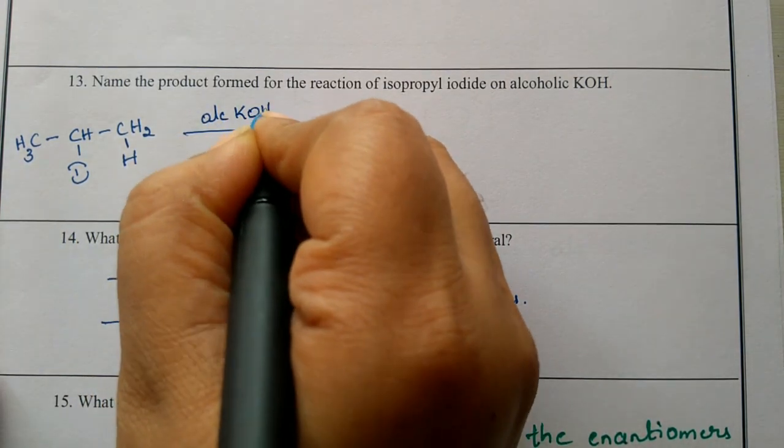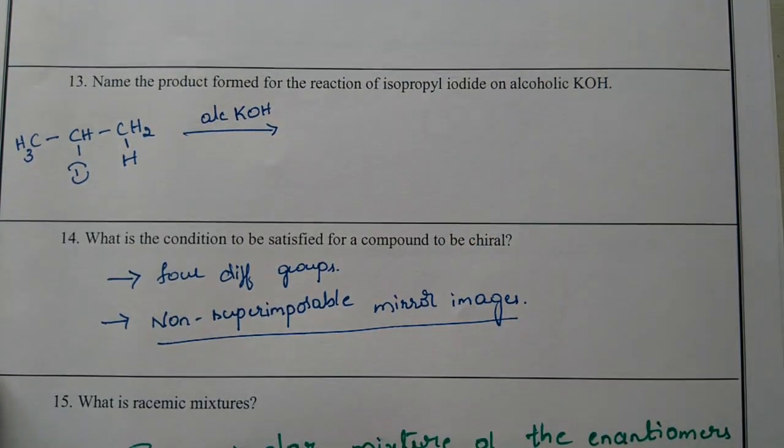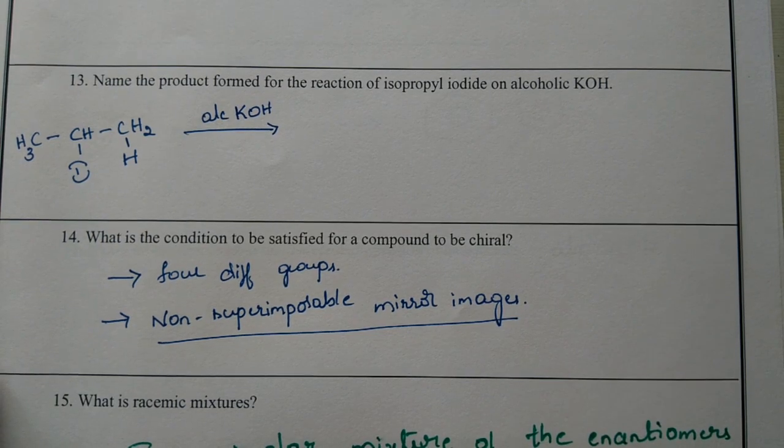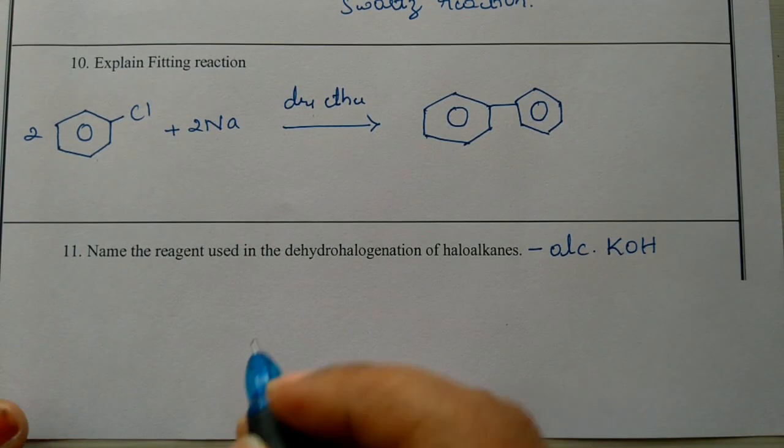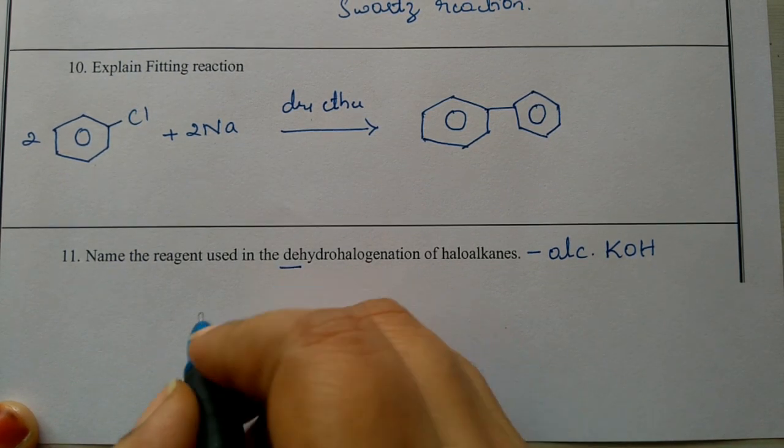That is called a dehydrohalogenating agent. So dehydrohalogenation: D indicates removal.